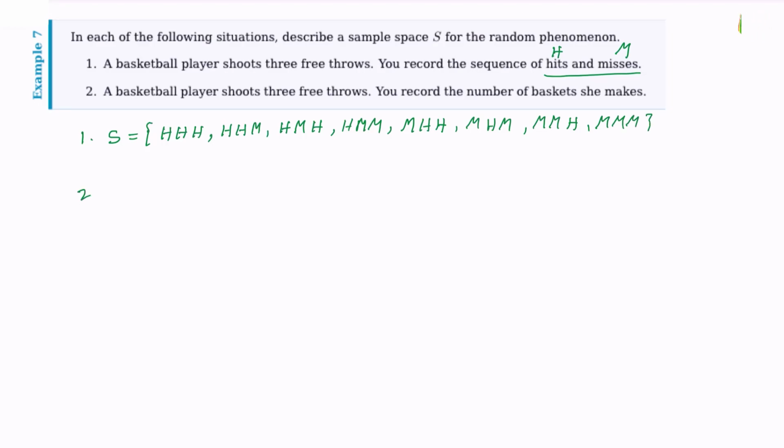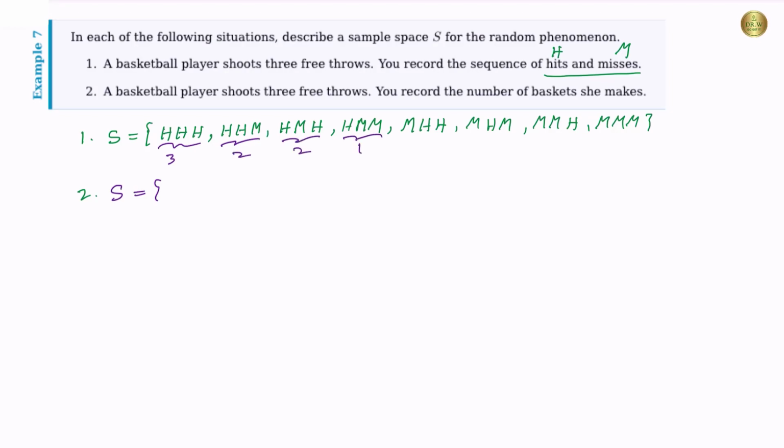Then the second one. A basketball player shoots 3 free throws. You record the number of baskets she makes. The number of baskets she makes now, right? So S equals, how many baskets did she make here? I say 3. How many here? 2. Here 2.